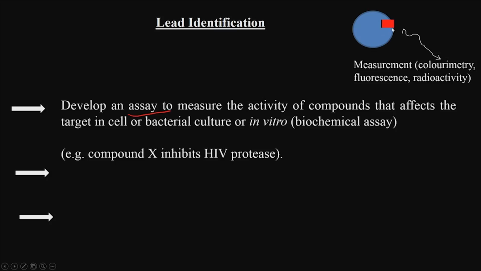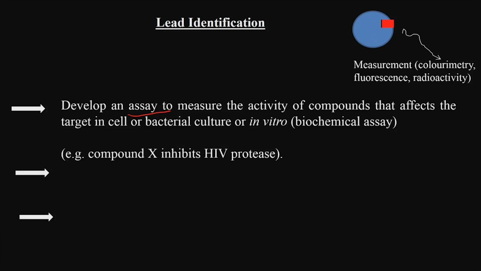So, when the compound goes and binds to an active site of a protein, or it goes and binds to an enzyme, there is a change, colorimetry, fluorescence, radioactivity, or some biochemical change, which I could measure either using a bacteria or I can use an animal cell in my lab. Okay, that is a biochemical assay.